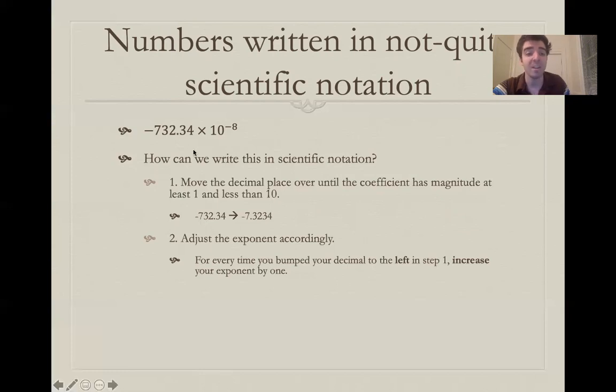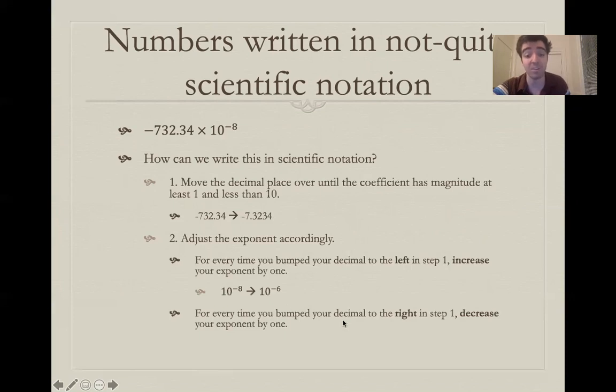The idea here is that when I move my decimal over to the left, I decrease the magnitude of this number. In order to keep the value of this overall number the same, when I move this over 2 to make the magnitude smaller by 2, I need to increase this power by 2. So this is going to go from 10 to the -8 to 10 to the -6, to basically counteract this step we just took.